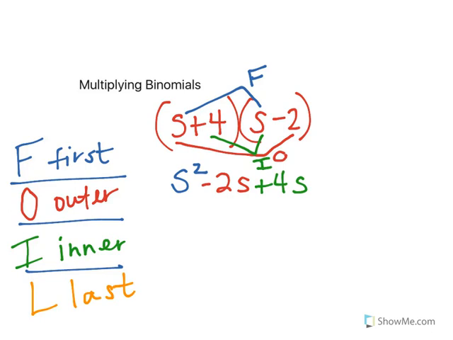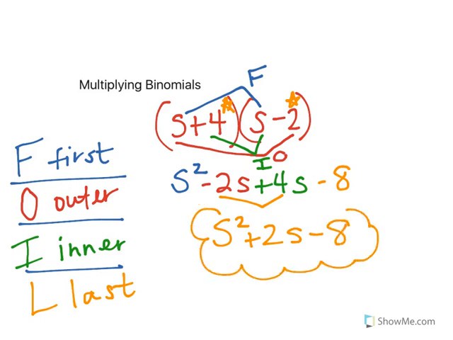And then the last term would be a 4 and a negative 2, which would be a negative 8. So I know I can combine these because they are like terms, so my final answer would be s squared, negative 2s plus 4s is going to give me a positive 2s, minus 8. So this is our answer, and if you got this right, then you are super duper smart.